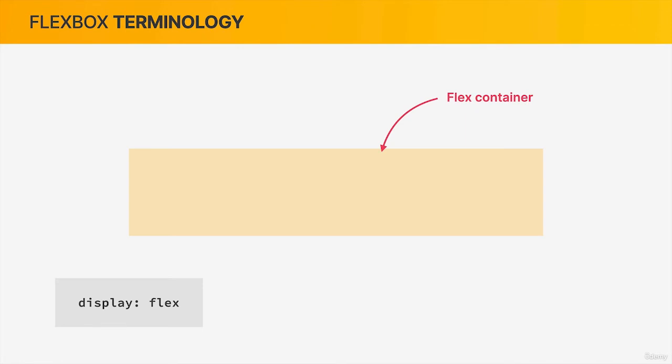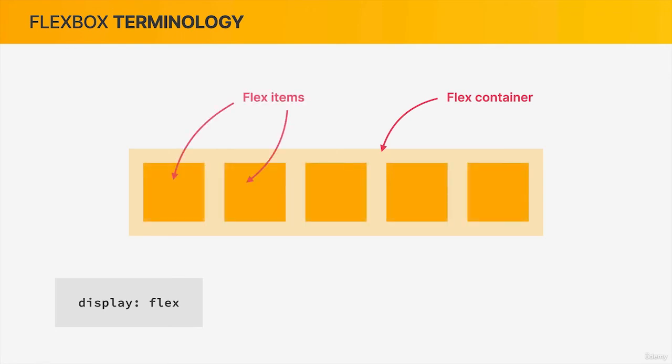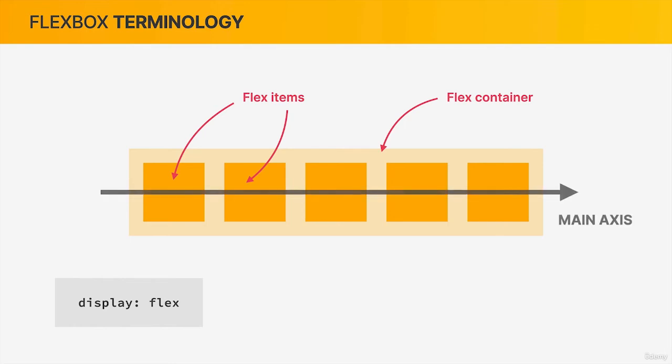So if we do this, then all the direct children of that Flex container will become the so-called Flex items. And this is actually important to know and to keep in mind, because we will use different properties on the Flex container and on the Flex items. Now, the direction in which these Flex items are laid out is called the main axis, which is represented with this arrow here. Then the other perpendicular axis is simply called the cross axis.